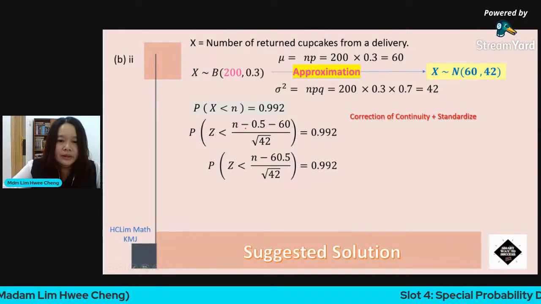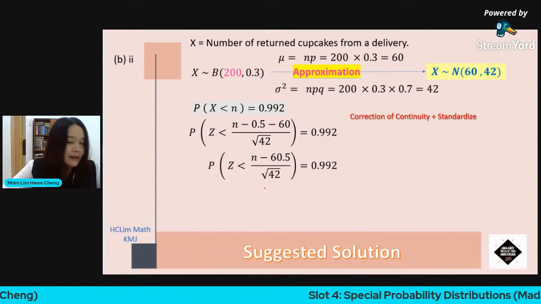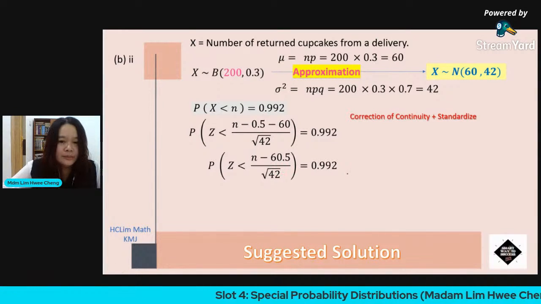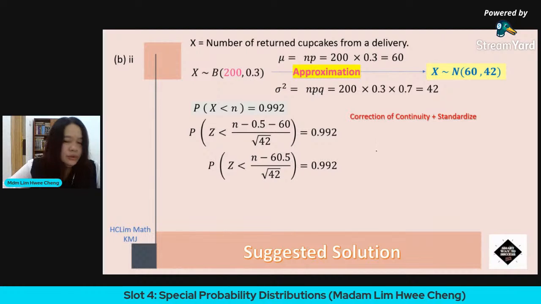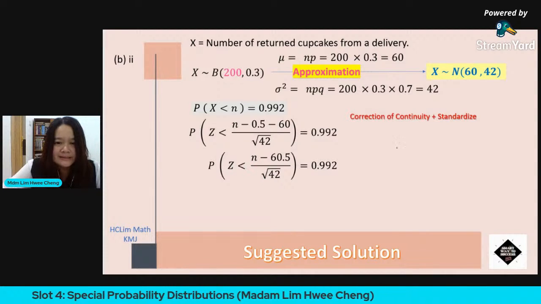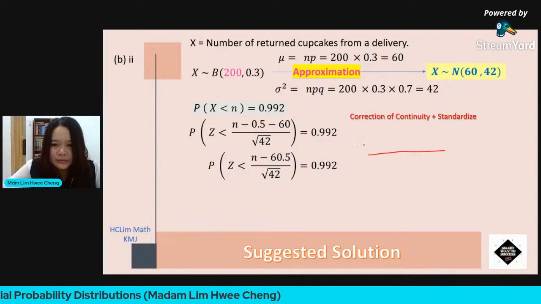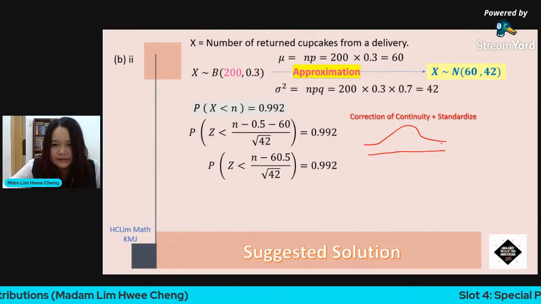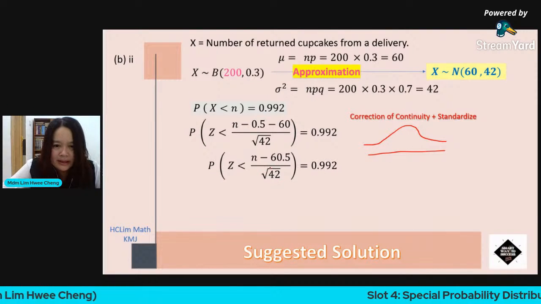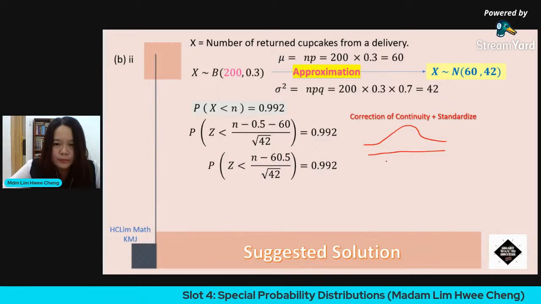Okay, only you do the calculation, less than n minus 60.5. So if you base on this, z is already standardized. So we see where is the location of z first. It says that P(less than n minus 60.5) is 0.992.